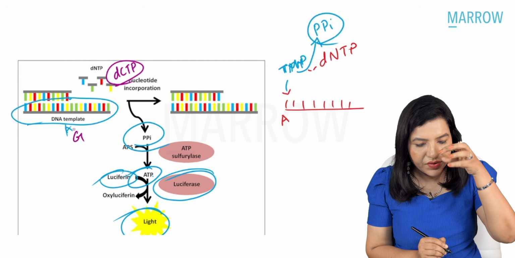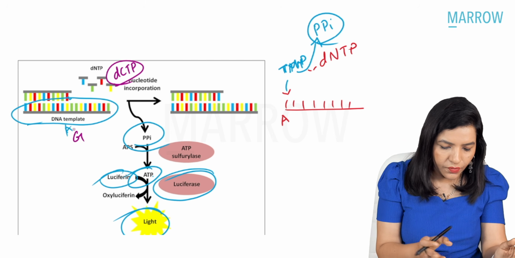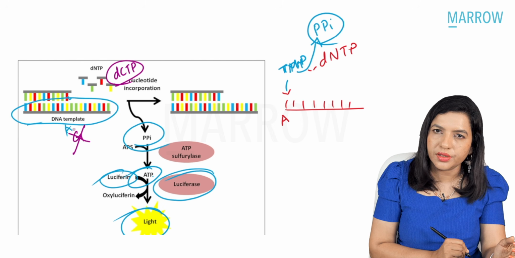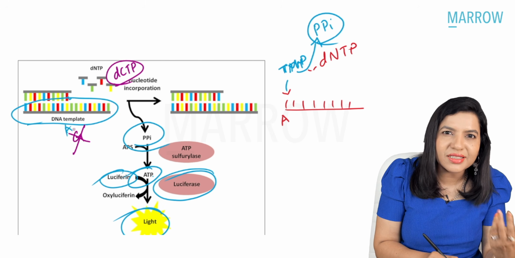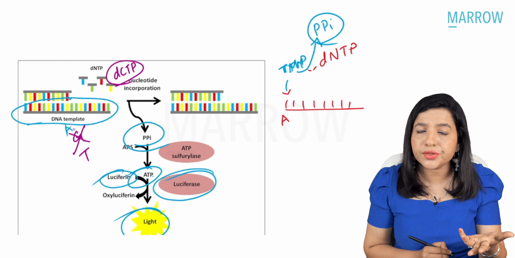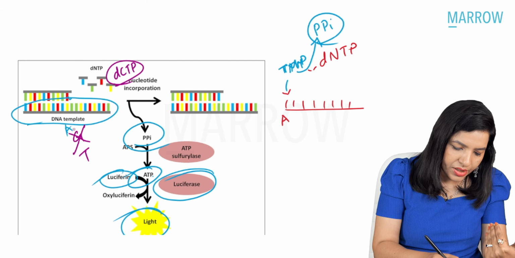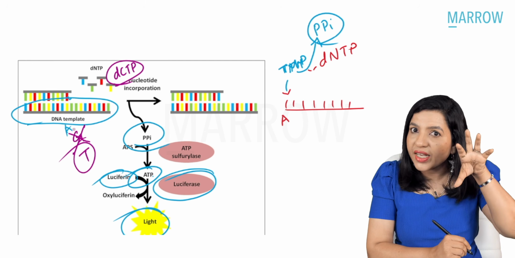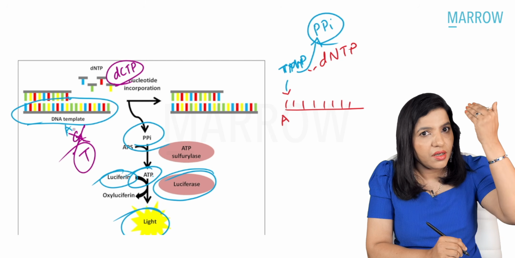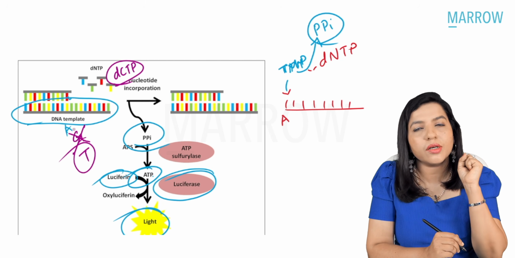When we add dCTP, it should bind, right? But if a mutation happens here so that it is mutated to T, when we add C, will it join with this T? What we expect is G, but what is actually there is T. So when we add C, it will not bind, right?